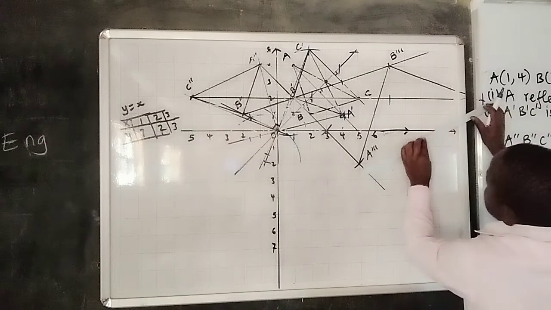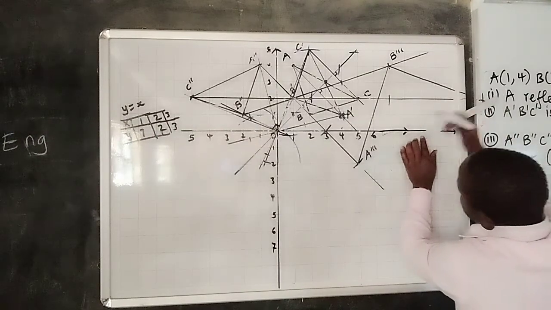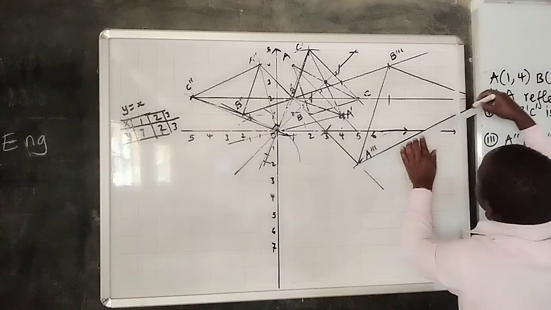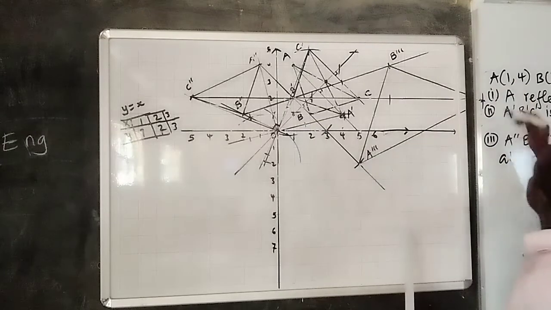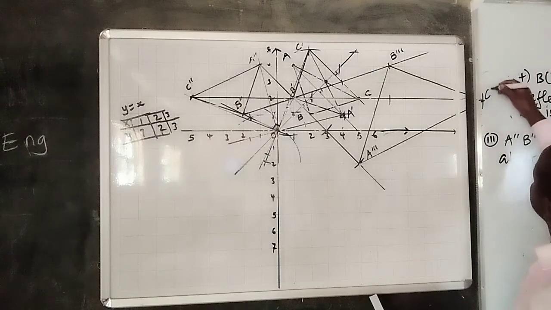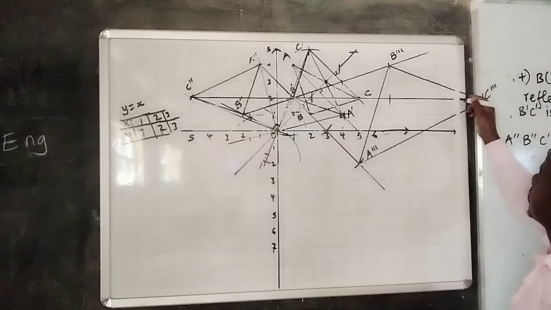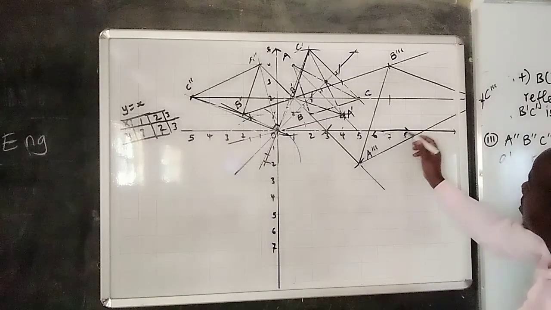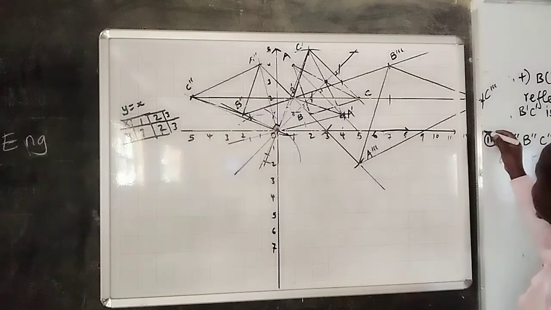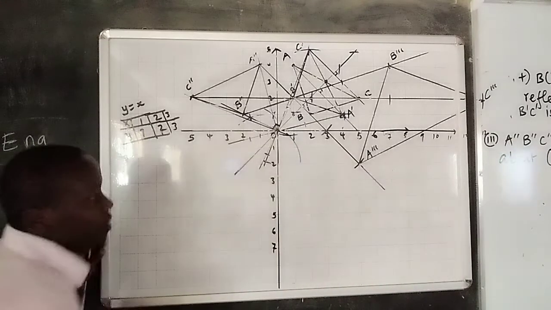Then from A to C again. So this is C triple prime. Now we can count 7, 8, 9, 10, 11. So 12 is here and this is 13. That is 13.